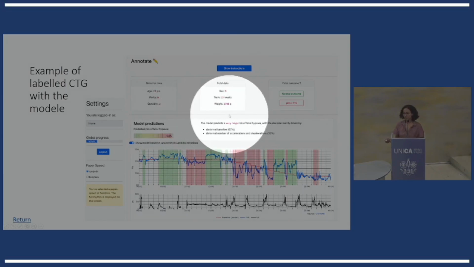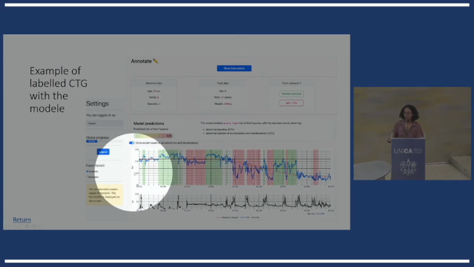So we said visually that this 94% is considered a very, very high risk of hypoxia. And we give some explanation based on the logistic regression variables that are inside. So we say that this is a very high risk of fetal hypoxia because there's an abnormal baseline and because there's abnormal fetal acceleration and deceleration with 32%.